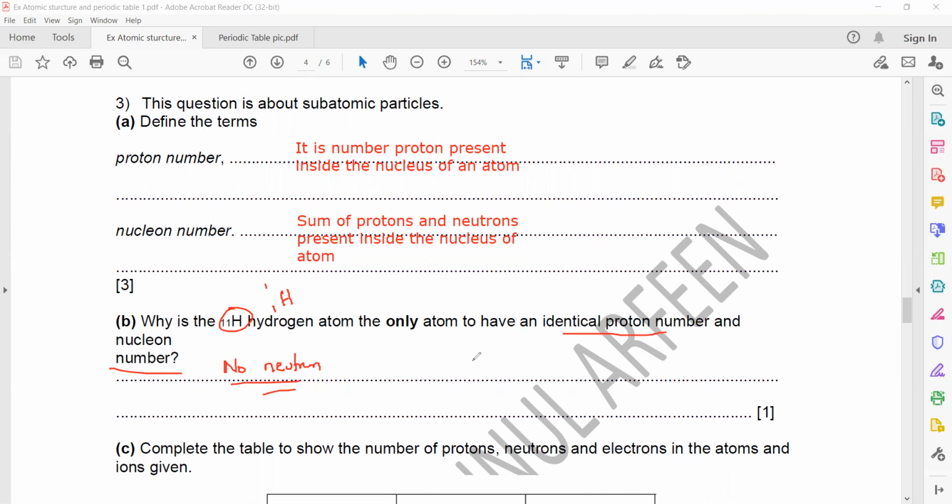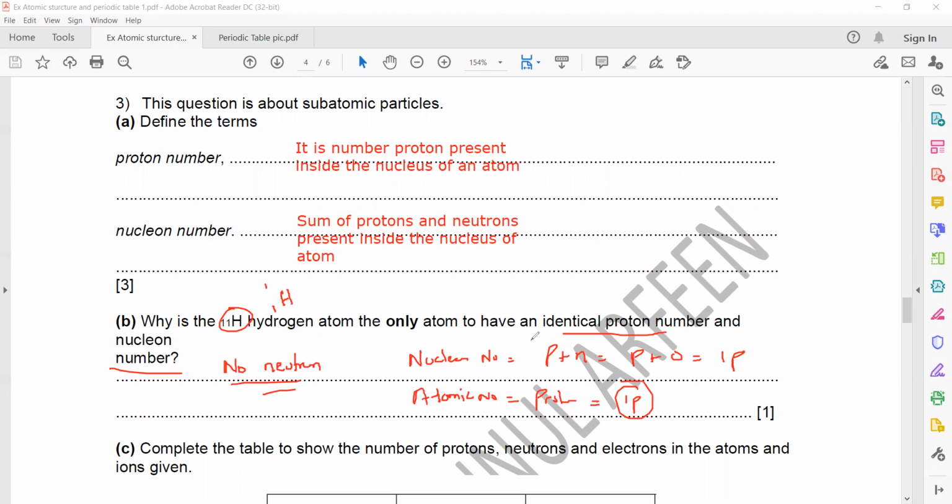So as there is no neutron, when we say nucleon number, the nucleon number is a sum of proton and neutron. So it contains one proton and no neutron. That's why only one is there. And what is atomic number or proton number? That is the number of the protons present. So it is having only one proton.